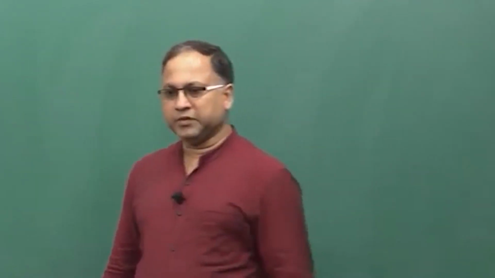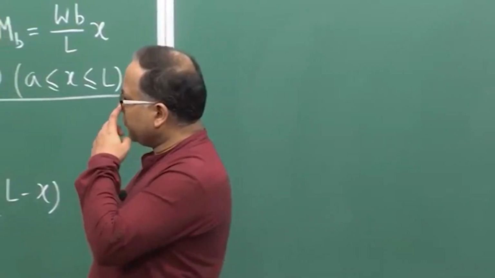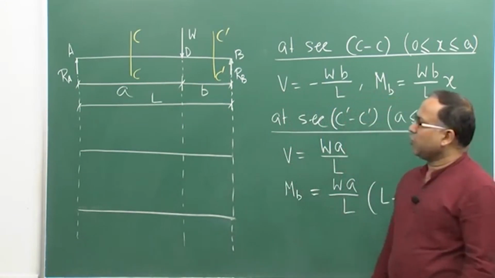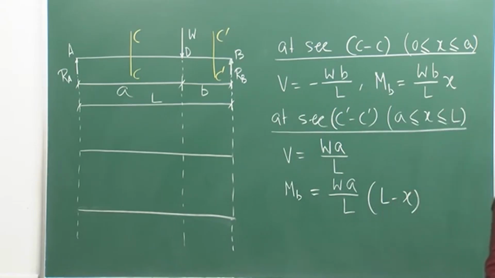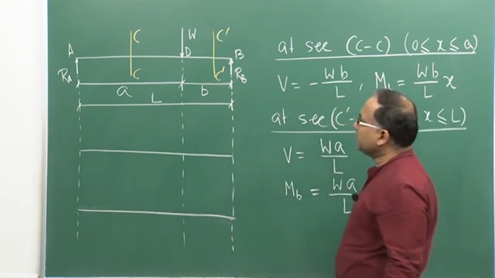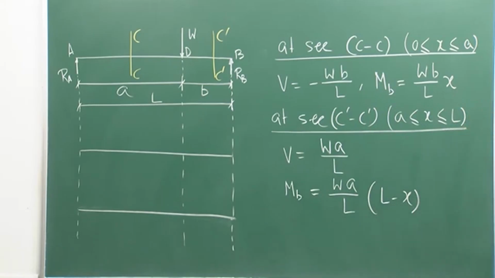And then we took one example problem like this. One simply supported beam AB is resting on supports A and B. Based on that, we calculated reactions RA and RB, and of course, the beam is experiencing one concentrated force W at the point D, and we considered two different sections to define the shear force as well as the bending moment for the whole beam, section CC and section C prime C prime.